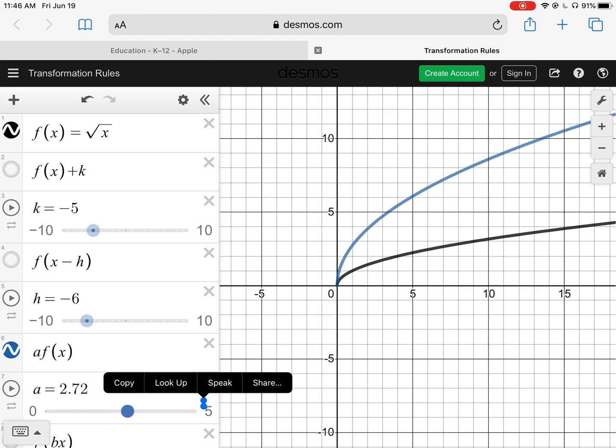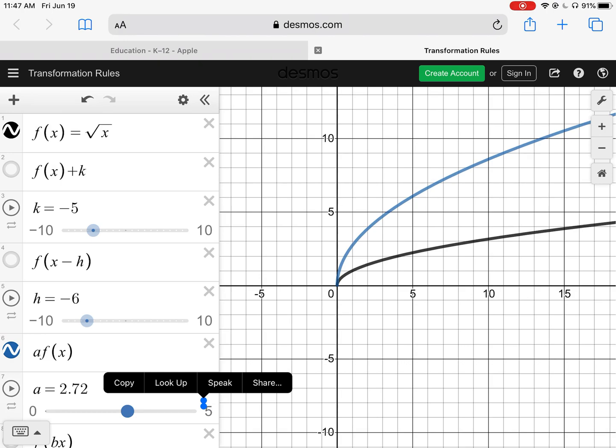Okay, so it appears, I guess I would describe this as kind of like a steepening effect, okay? But really the technical term here, this is a vertical stretch that's taking place, okay? Each one of the y coordinates from the original parent function, they're being multiplied by whatever the value of a is.